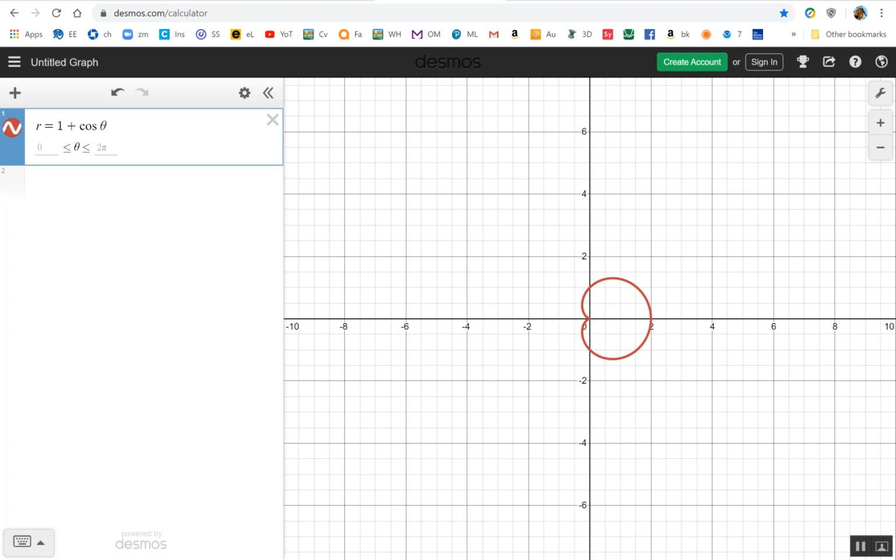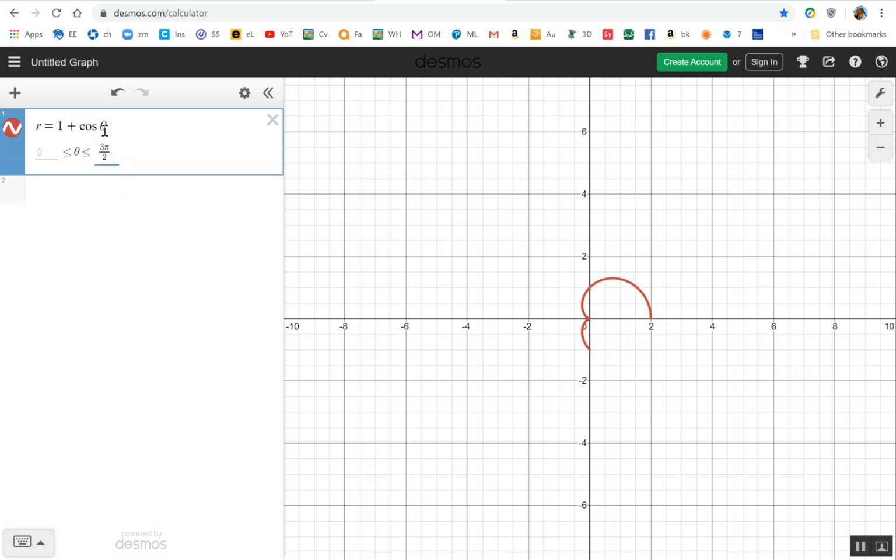And Desmos knows if you use r and theta, it automatically knows that you want a polar curve, not a rectangular curve. And the default is theta from 0 to 2 pi, but if you want, let's say theta just to go to 3 pi over 2, you can put that in.